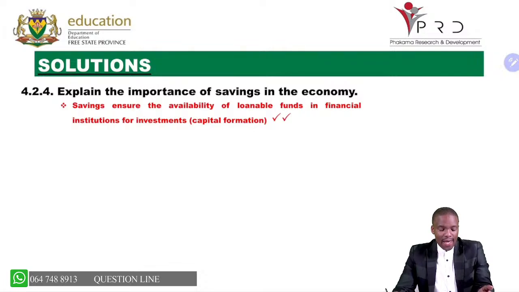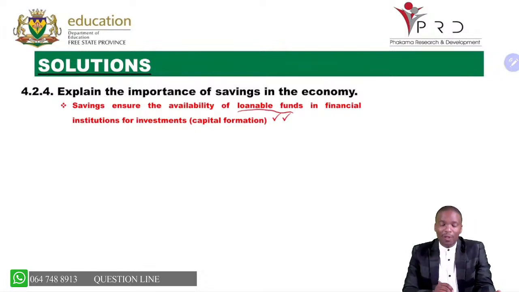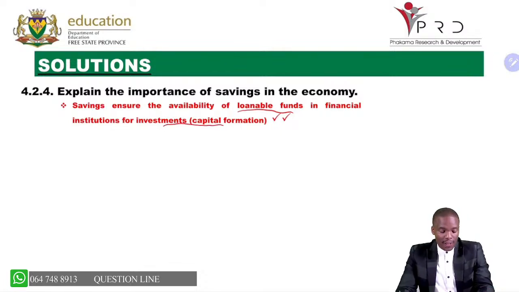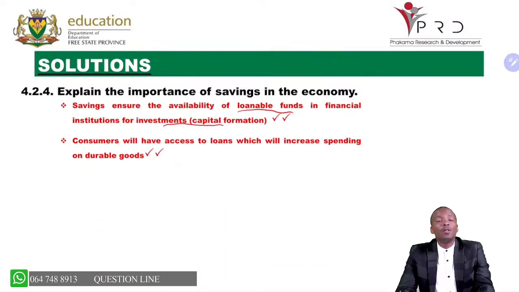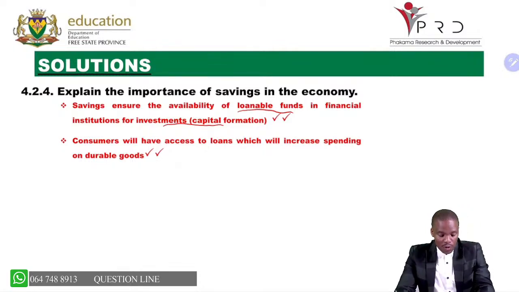Number 4, explain the importance of savings in the economy. We said savings ensure the availability of funds that are loanable in the financial sector for investment or capital formation purposes. Also, consumers have got access to loans, which will increase spending on durable goods.